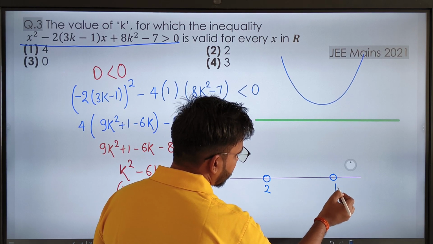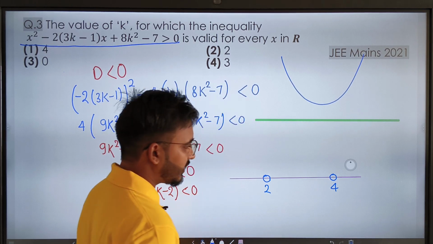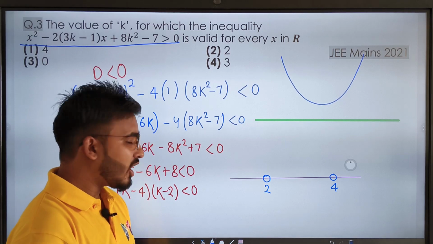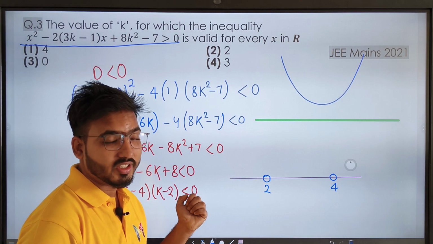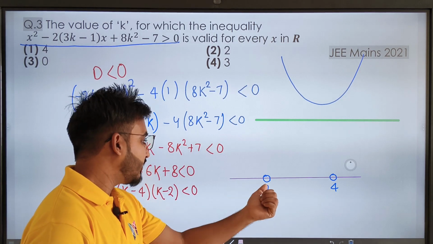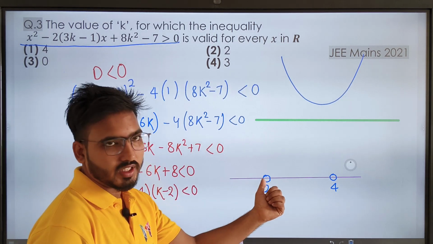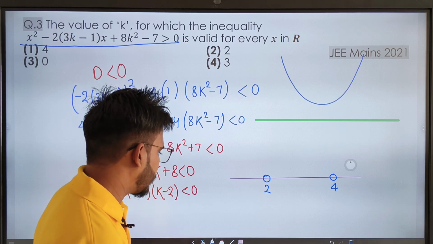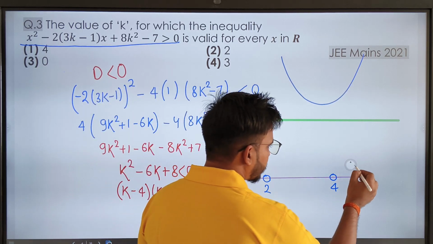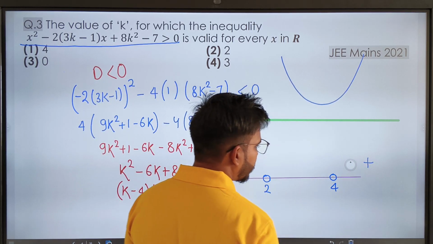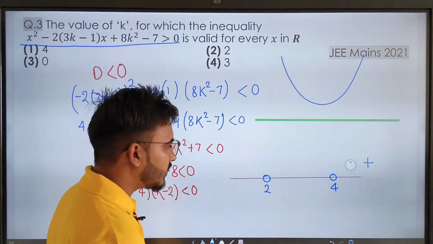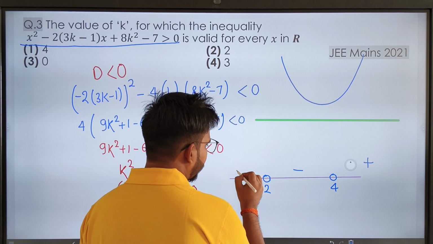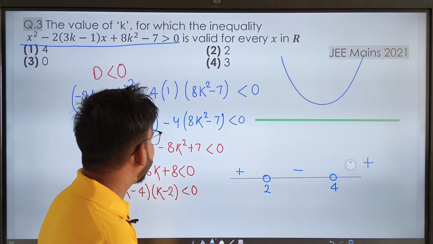Now, why a hollow circle? A hollow circle is because it will never attain the values, because it should always be less than 0, and if I put k equals 2, it will be 0. Next, we'll start from the positive side. This will be positive, and the factor which gives 4, so the degree is 1, that is an odd number, so the sign is going to change, and again same here. So it is saying less than 0.